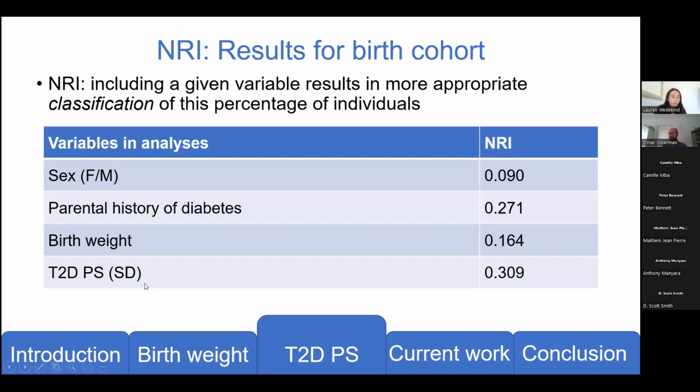So when we add the bottom row, the type 2 diabetes polygenic score, to a model that has sex, parental history of diabetes, and birth weight, then 30% of people are reclassified correctly. And that looks similar on the right-hand side in terms of NRI to the second row, parental history of diabetes. So that's intuitive in a way.